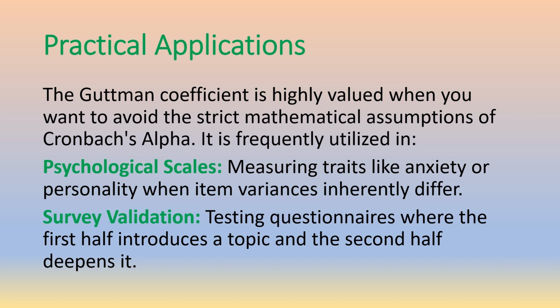Practical application: the Guttman coefficient is highly valued when you want to avoid the strict mathematical assumption of Cronbach's alpha. It is frequently utilized in psychological scales measuring traits like anxiety or personality when item variances inherently differ.